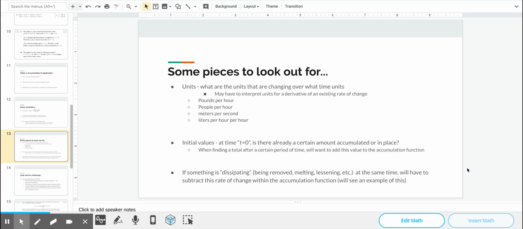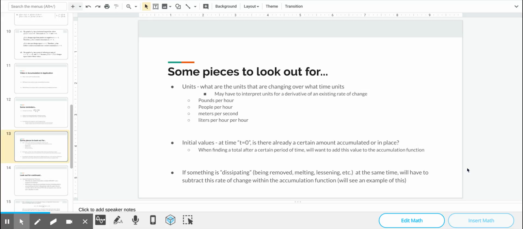That could be happening at the same time that an accumulation is happening, right? So think about, we've done water into a bucket, right? So I'm pouring water into a bucket, but then I poke a hole in the bottom of the bucket. I have an accumulation of water as it's coming in, but I'm also dissipating. The water is emptying through the bottom.